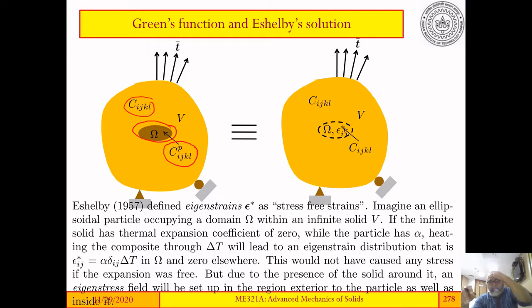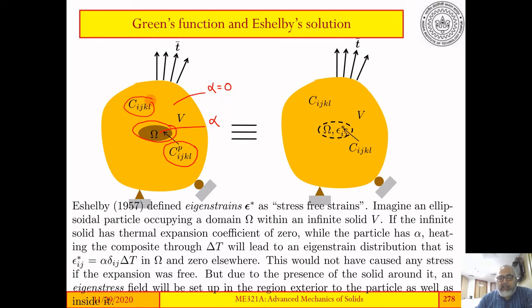Now, he used a concept of eigenstrains, and eigenstrains are defined as stress-free strains, and the most common example of eigenstrain is a thermal strain. Imagine that this particle has a thermal expansion coefficient of alpha, and the matrix has alpha equal to 0.